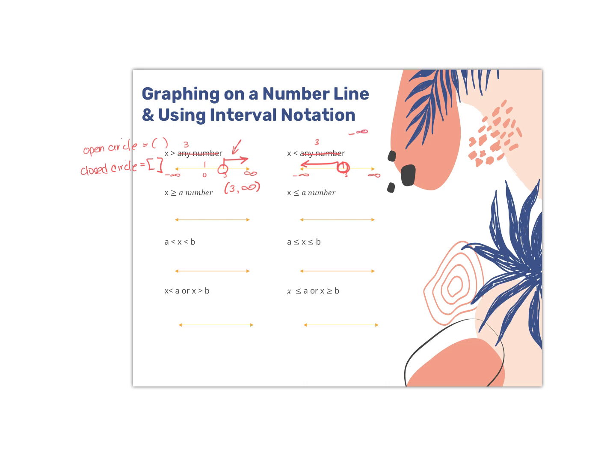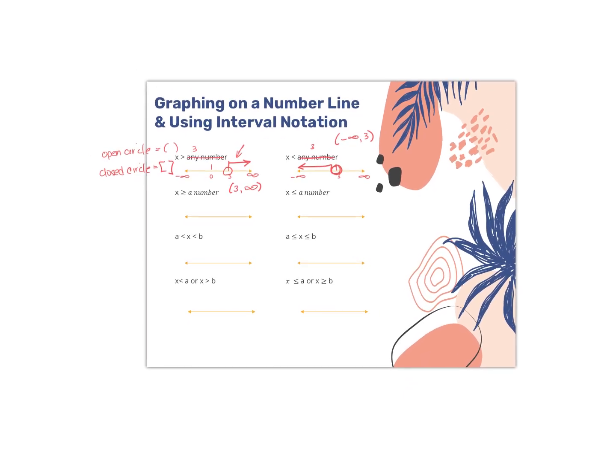So negative infinity comes first and 3 comes second. Since negative infinity is not a set number, we do a parentheses. And since it doesn't include 3, it's not equal to 3, we do a parentheses there. So that's how I would represent it on a graph, and that's how I would represent it in interval notation.